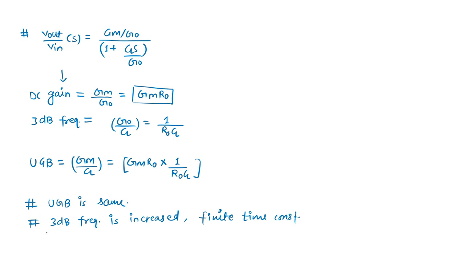Okay. And what has happened again? DC gain is reduced. So what we expect now, we'll draw this Bode plot here. Okay, so let's see the Bode plot.